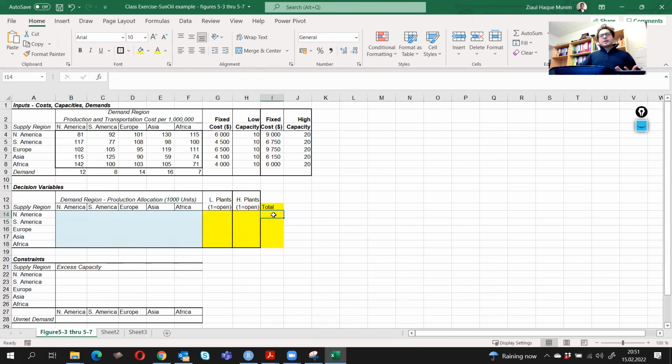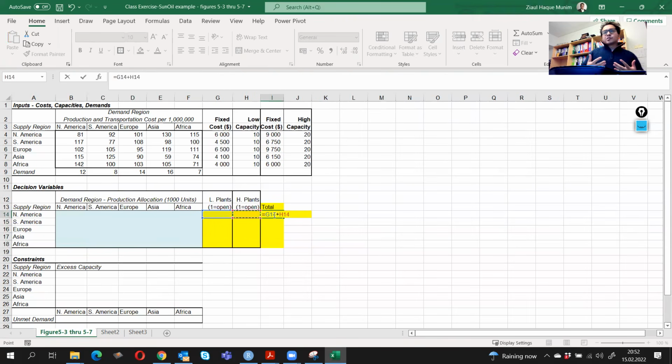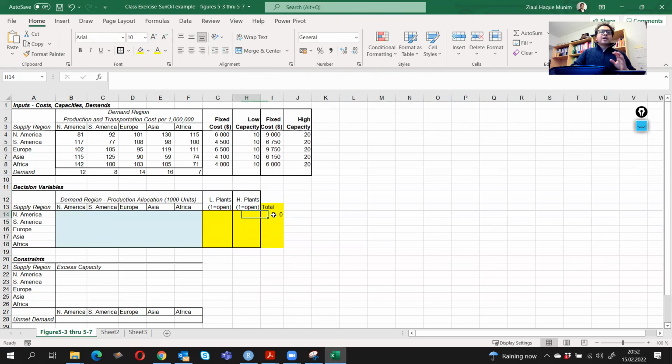The total one we do not necessarily need, but normally I would like to add the low and high. Sometimes it is useful to give a constraint to force that total has to be 1, so that we will not have 2 plants open in each of the locations. For example, if I put 1 here and 1 here, it becomes 2, right?